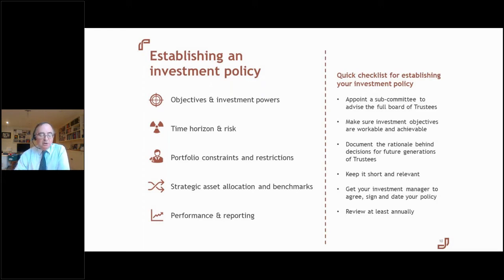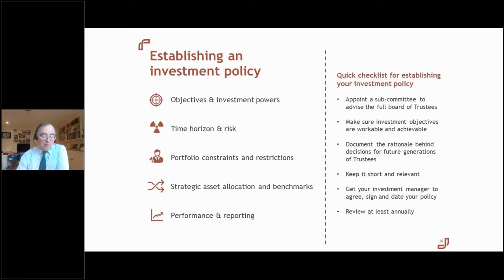And then you agree with your investment manager what the strategic asset allocation is. That's the mix between different types of assets, fixed interest, equities, property, etc. And then benchmarks by which you will monitor performance and reporting. And then under performance and reporting, you would look at how regularly you would meet, what you would discuss, what information you need.